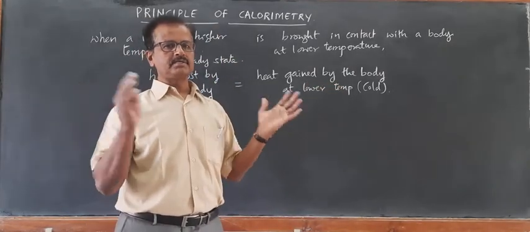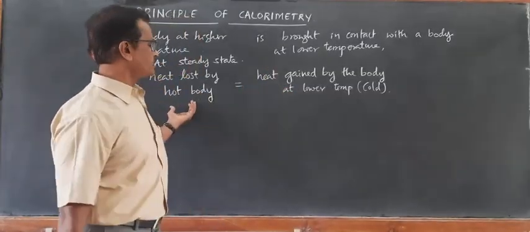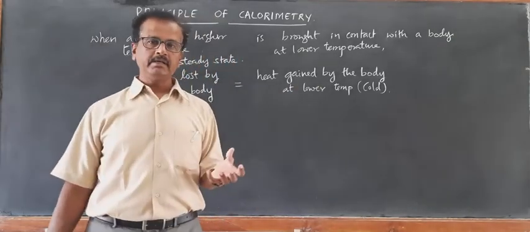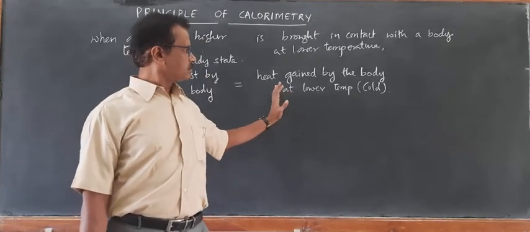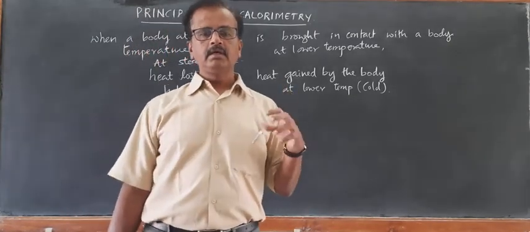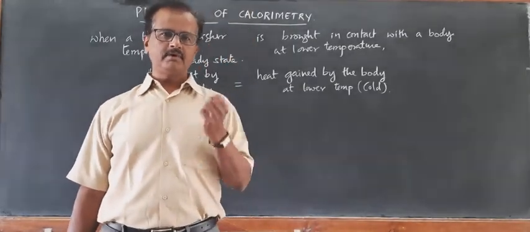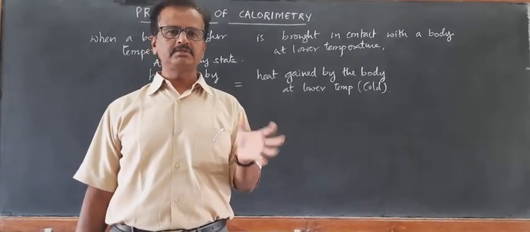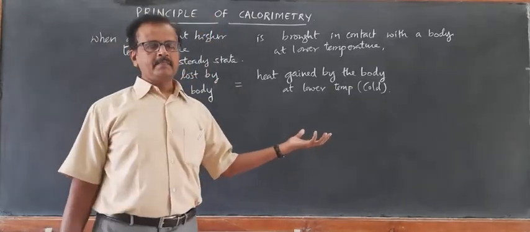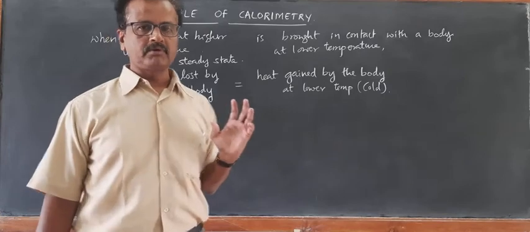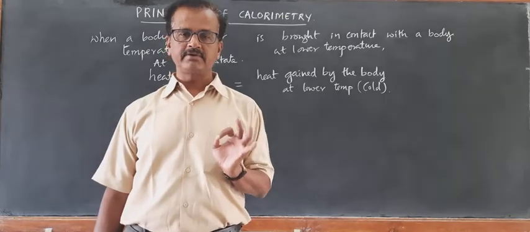If there is no loss of heat to the surrounding, then the entire heat lost by the hot body is equal to the entire heat gained by the colder body. The body at higher temperature gives out heat, and the body at lower temperature absorbs heat. You will understand this by solving a simple problem, and then we will be able to understand what calorimetry is.